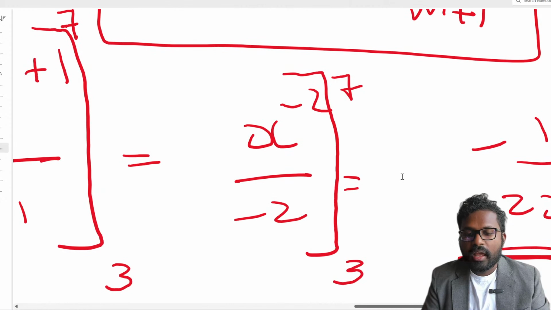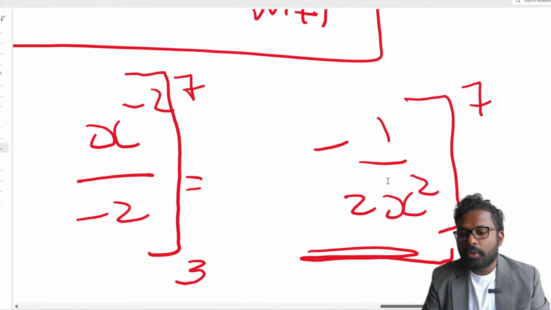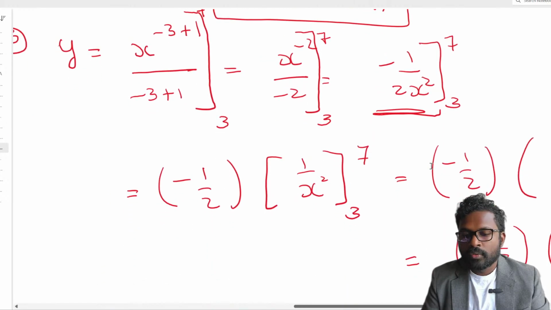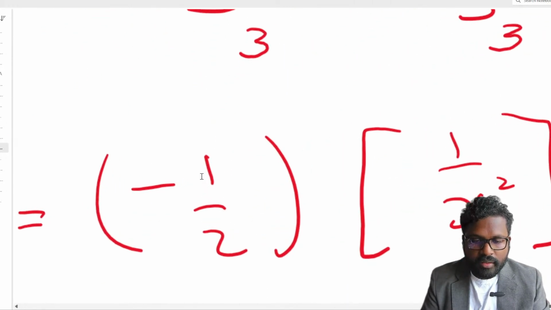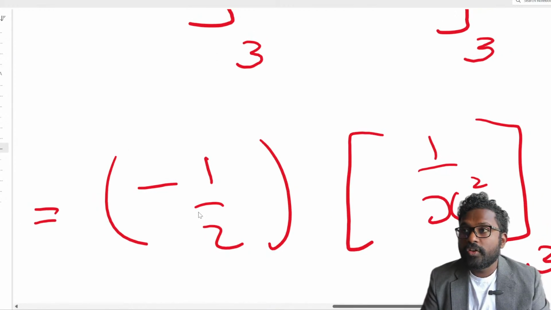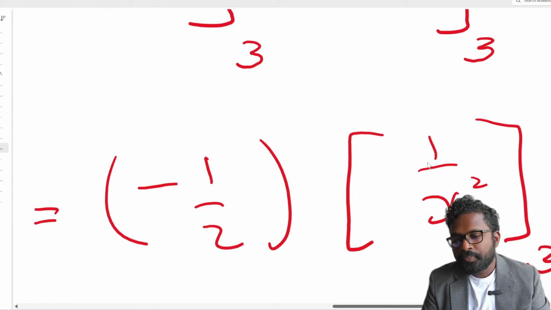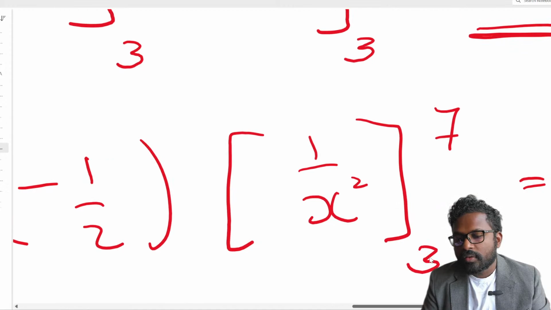This will give x power minus 2 by minus 2, lower limit 3 and upper limit 7, which will give us minus 1 by 2x square with lower limit 3 and upper limit 7. Once you can simply take the constant coefficient outside, and then simply write it as minus 1 by 2 into 1 by x square with 3 to 7.